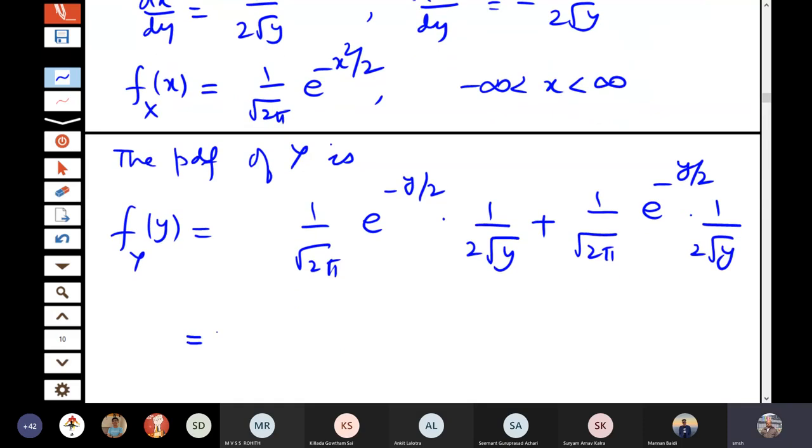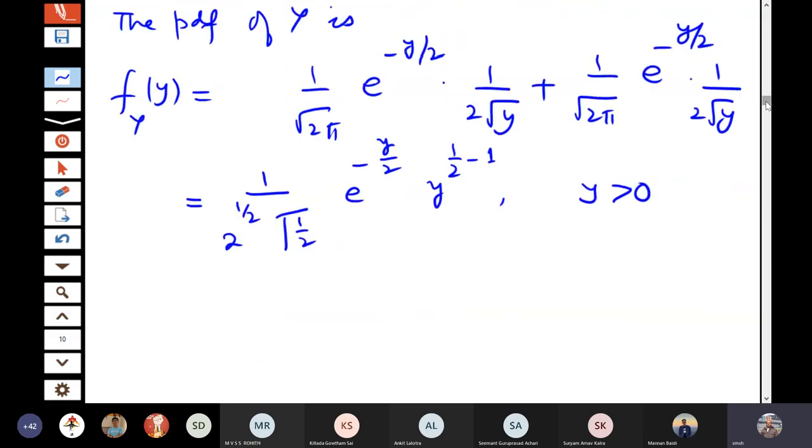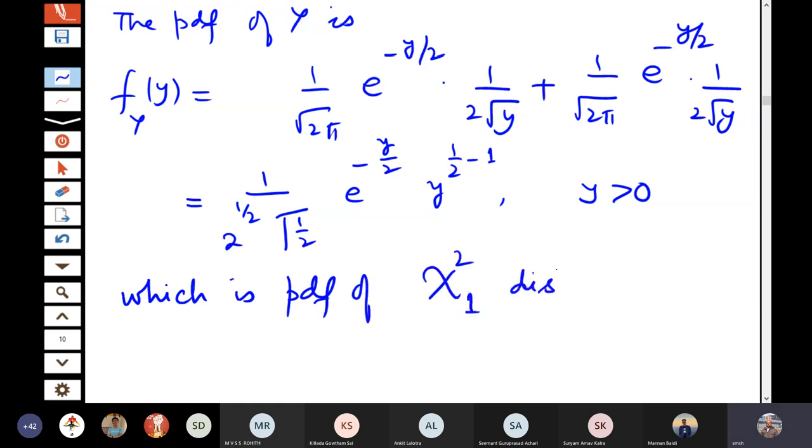So if you simplify this, it is 1 by 2 to the power half, root pi is gamma half, e to the power minus y by 2, y to the power 1 by 2 minus 1, which is nothing but the PDF of a chi-square 1 distribution.